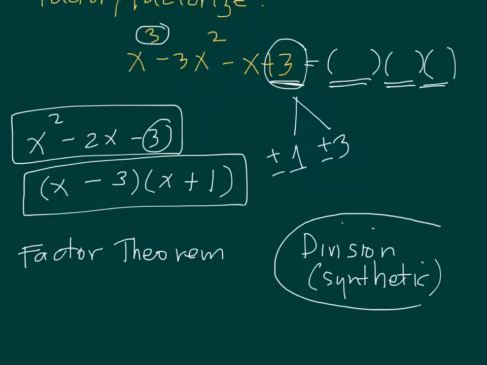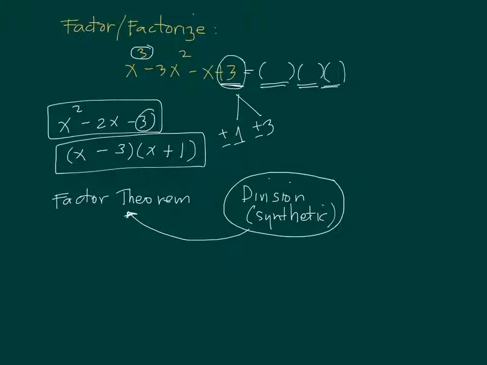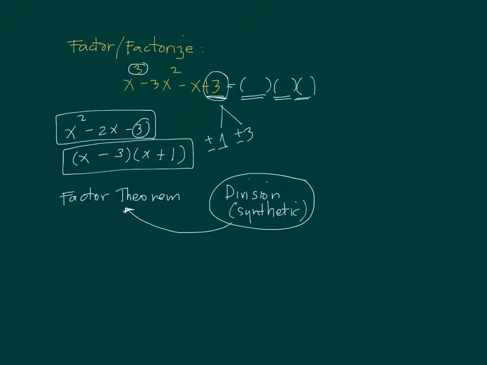Okay, the synthetic division is connected to the factor theorem in the sense that when the last entry is a 0, it means the given expression is a factor of the given polynomial. So let's work on it now. What we have is the polynomial x cubed minus 3x squared minus x plus 3.